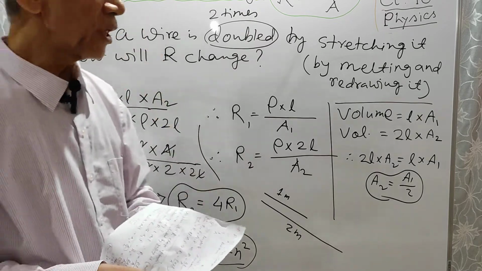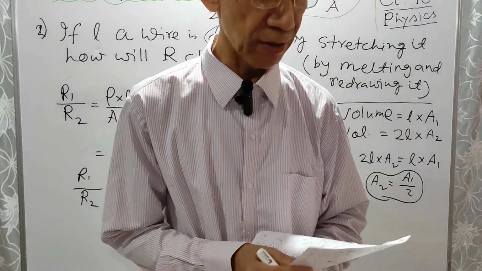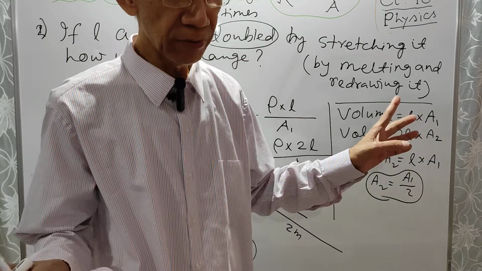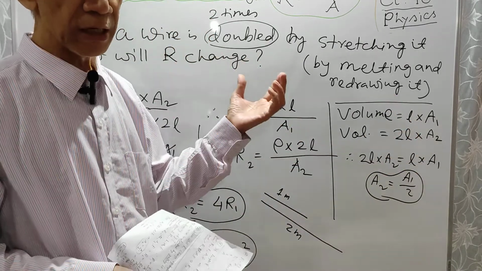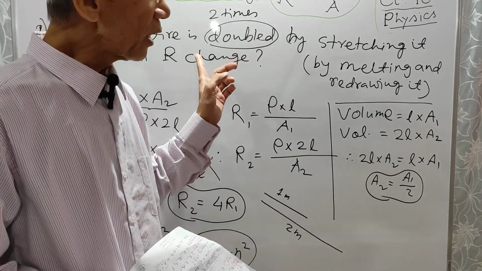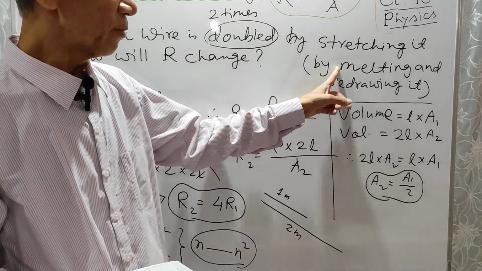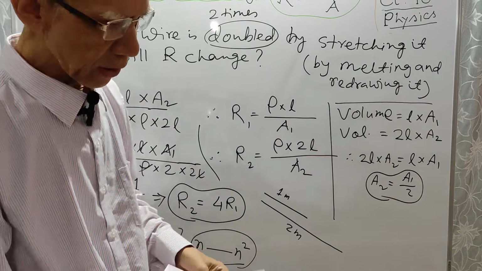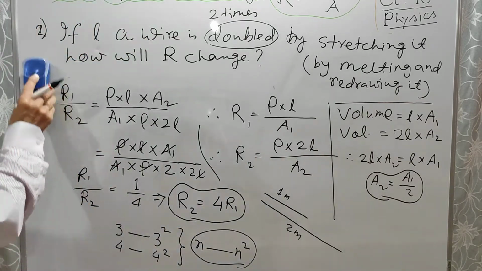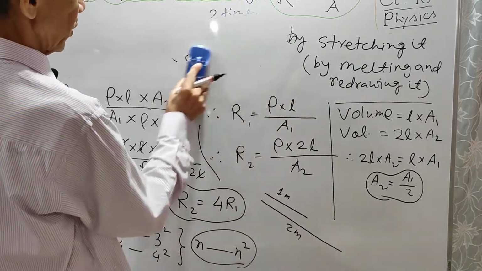In the previous question, we took two different wires, but here the same wire, only it has been pulled and reshaped, or it has been melted and redrawn. Okay, now let us see the third question.